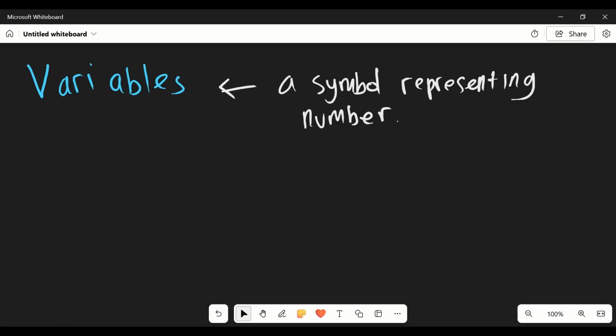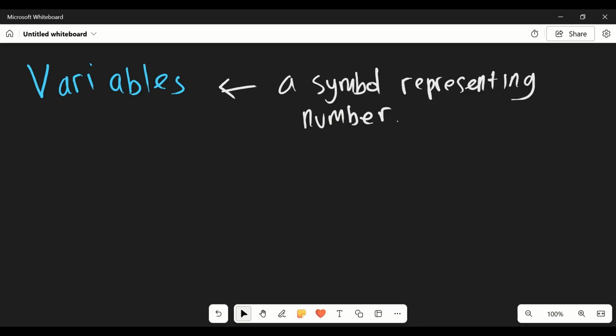A variable is a symbol representing a number. In math, the most common variables are x, y, a, b, c, and so on. They all mean the same thing: a number we don't know yet, or a number that can change.